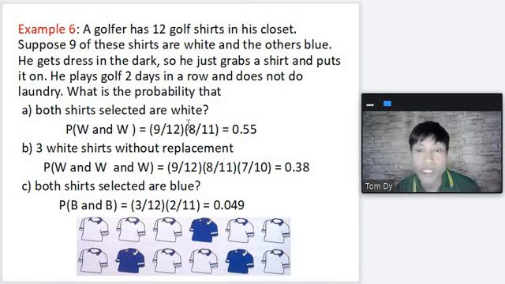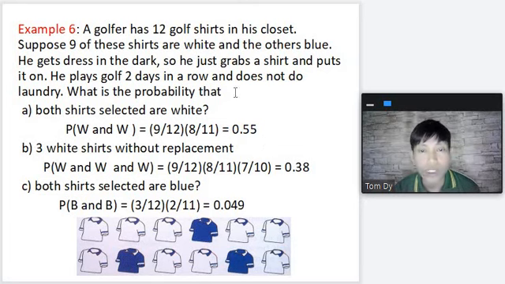So we multiply that by 8 over 11 for the second selection of a shirt. 9 over 12 is the first selection, which is white, and the second selection is 8 over 11. 9 subtracted by 1 is 8, and 12 subtracted by 1 is 11. So our probability of white and white is equivalent to 0.55.